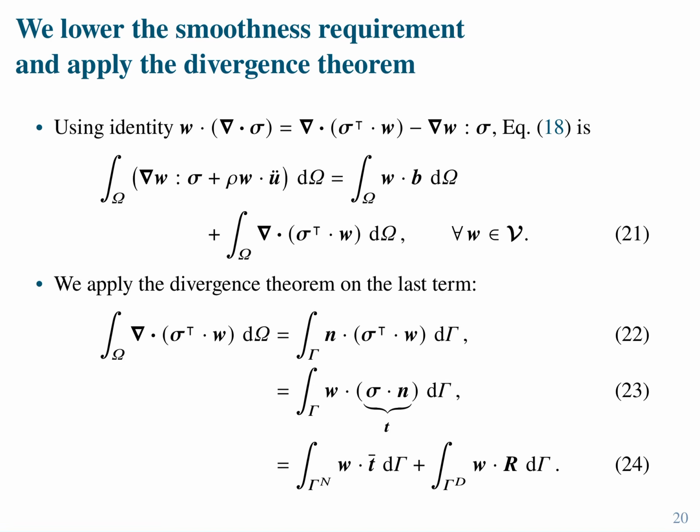I just use the definition of the transpose of a tensor, and now look what happened. I have my test function W, but then I have Cauchy's traction equation popping up, which is insane, that our Neumann boundary condition pops up just by applying the divergence theorem in the formulation. It's beautiful.